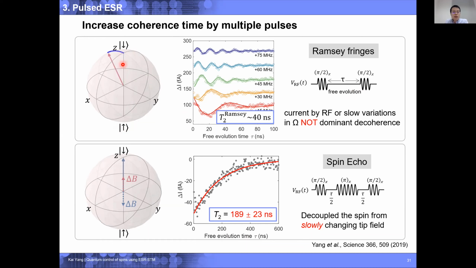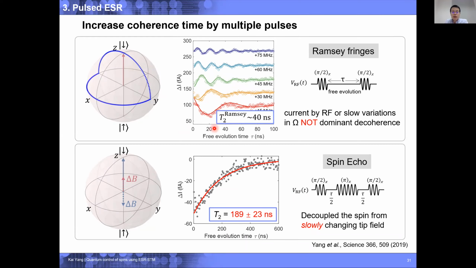For example, if you wait for the right amount of time, the spin will be brought back to the original state. Here, the first half-pi pulse brings the spin from the initial state to the -y direction. This is the spin rotation during the free evolution time, and the final half-pi pulse brings the spin back to the original state.